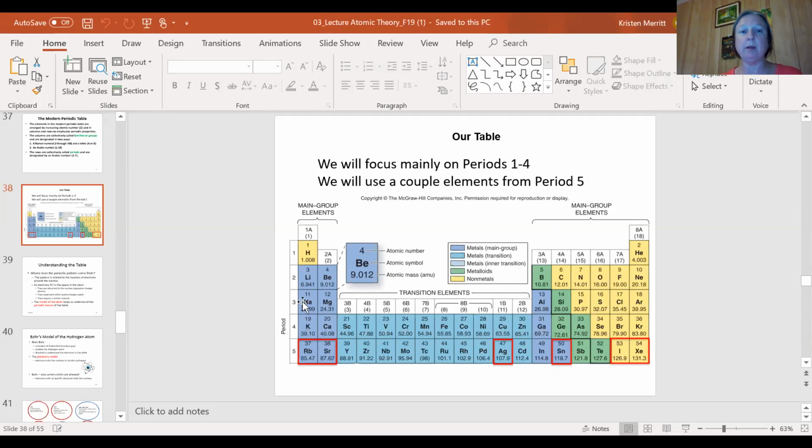Here's period 3. Now, most periodic tables do not have the period numbers written in. So you can write them yourself or count them. Remember to start at hydrogen. But you go across period 3 to group 15 or 5A, and that's an address for phosphorus.